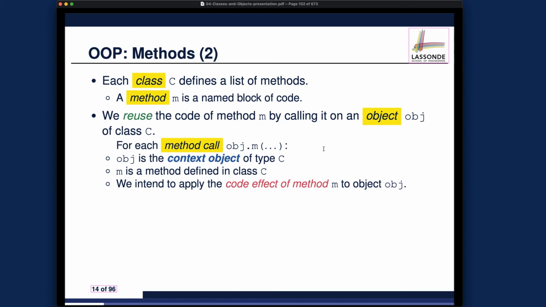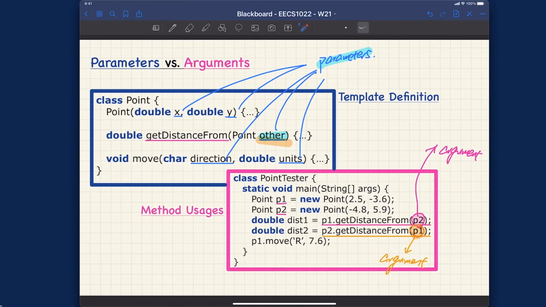What does it really mean to be valid? For that to be valid, the method M must be declared in a class C. And the context object will only be valid if the object is declared to be of type C.